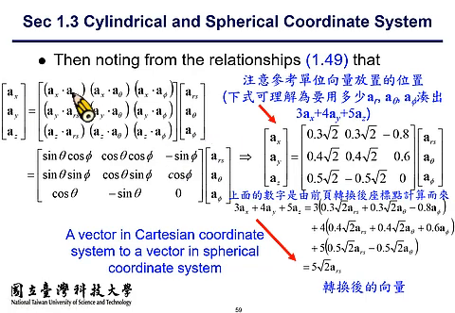So you still use the matrix that we have seen in previous slides. That is, AX, AY, and AZ can be found by AR, A theta, A phi times the conversion matrix shown here. The conversion matrix is made up of the scalar products between AXYZ and AR theta phi, like this.